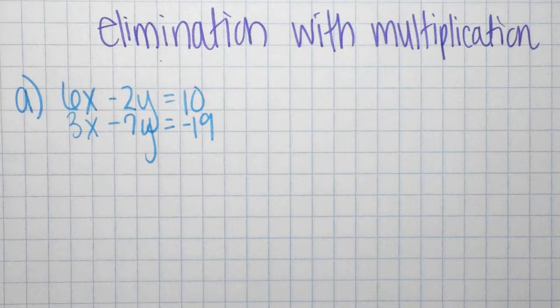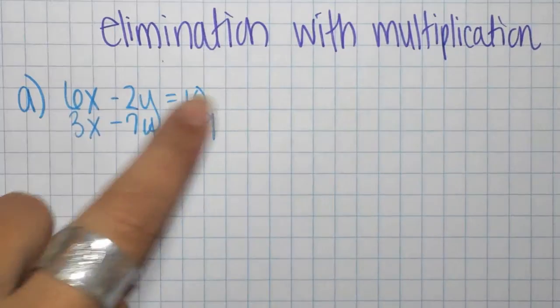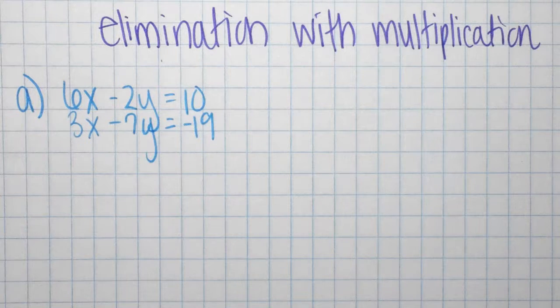Top. That's not what I asked you. I asked if we multiply the top equation or the bottom equation. I mean, the bottom. Why would we not multiply the top?